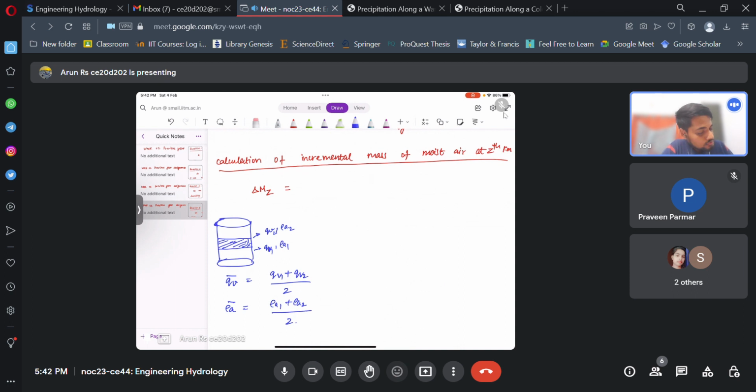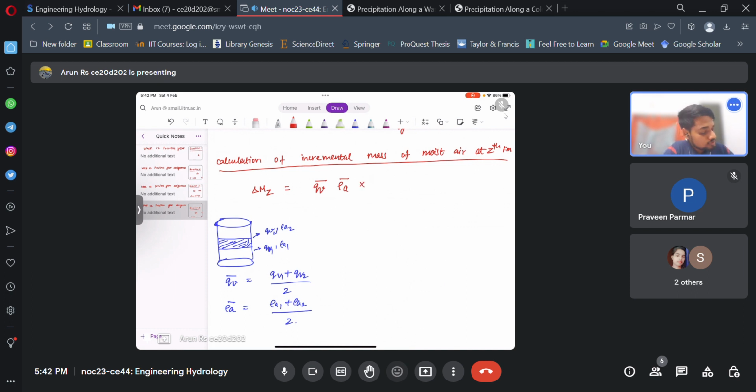So your mass is given by the product of average specific humidity, average density, multiplied by the volume.